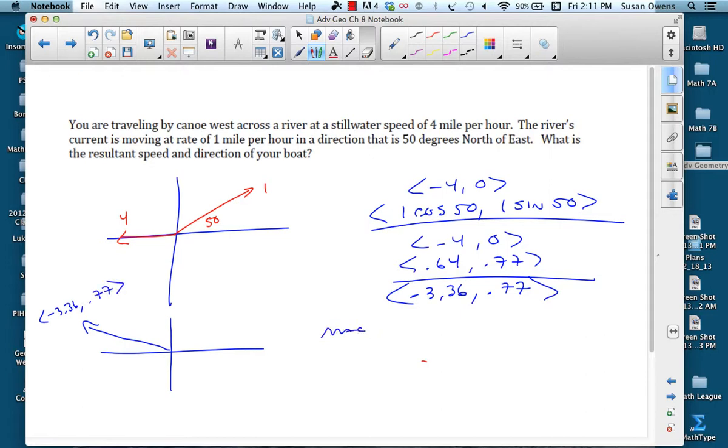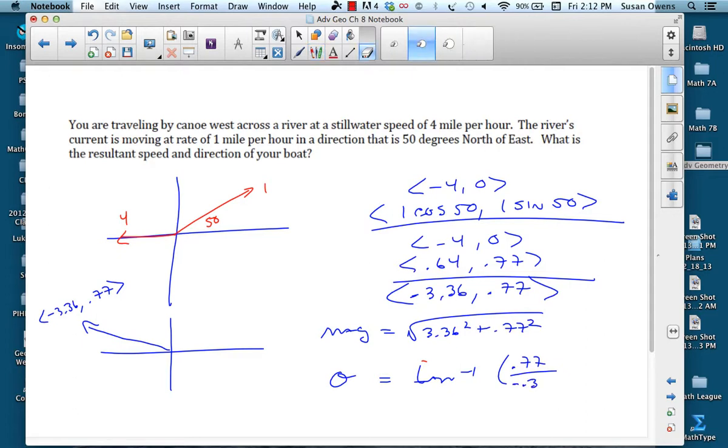Okay, I need a magnitude and I need a direction. So this will be the Pythagorean theorem on 3.36 squared and 0.77 squared. And this will be the inverse tangent of 0.77 over negative 3.36.